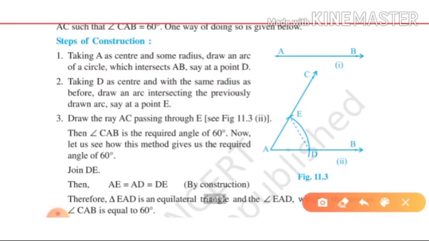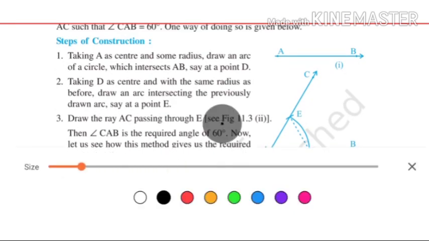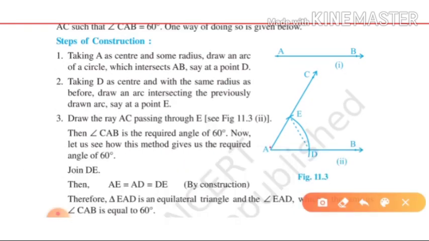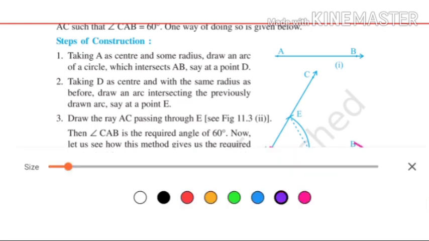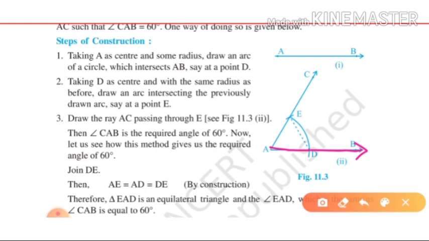See here, AB was the given ray, then the center was taken as A, and an arc was drawn.